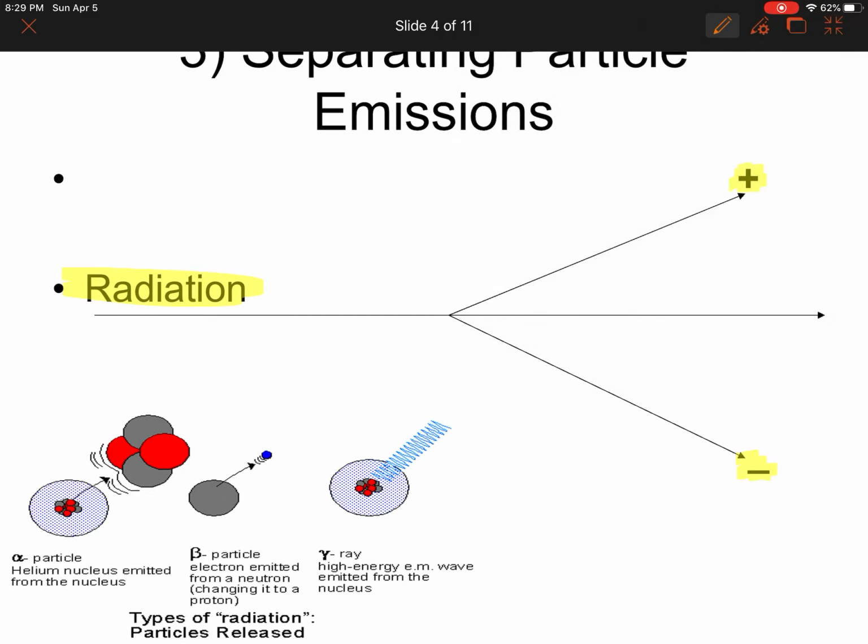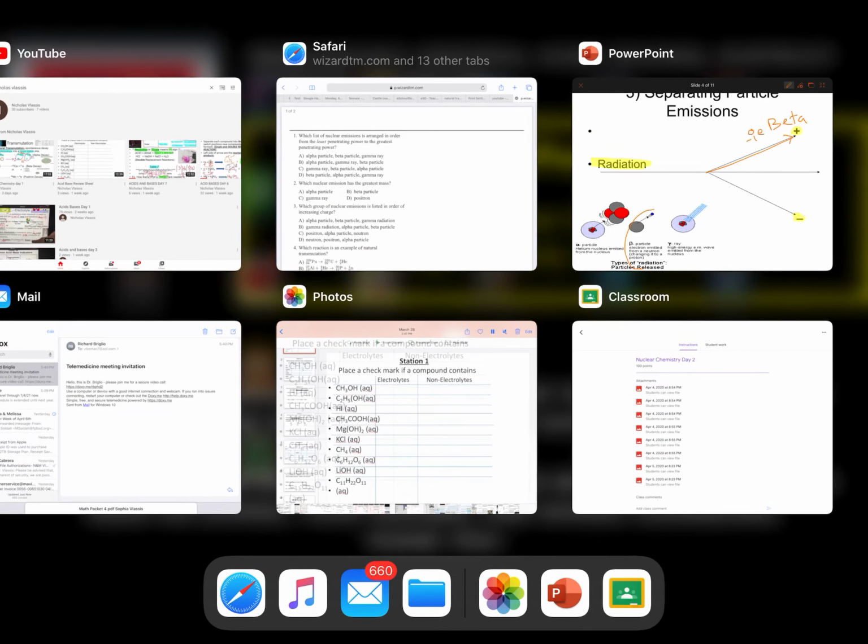So guys, which particle would bend towards the positive end? A positive or a negative? Well, opposites attract, so a negative. On table O, a negative charge is beta. Beta would bend towards there.